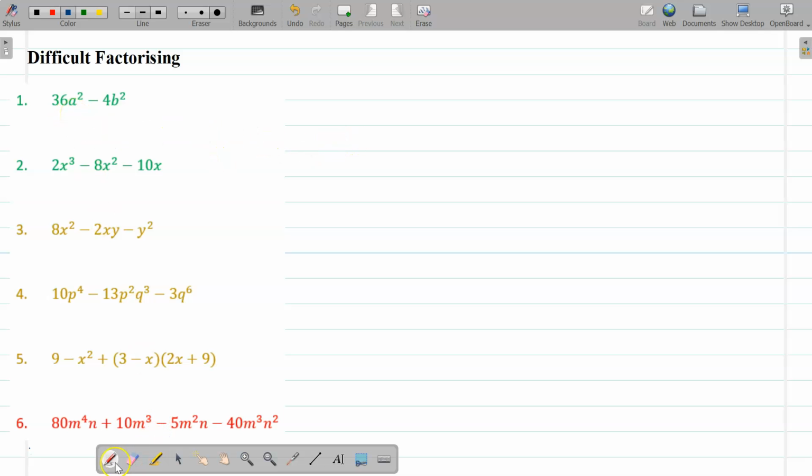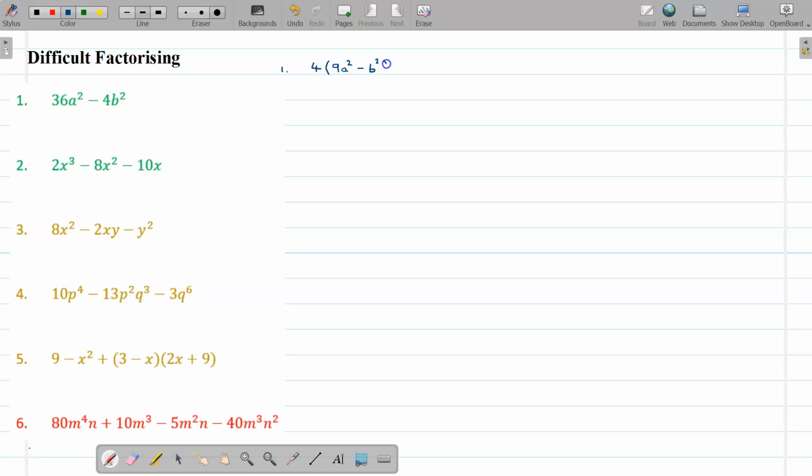Now you might recognize this as the difference of two squares. But you should also recognize first that there is a common factor of 4 in both terms. So if I was answering this question, I would begin by recognizing that factor of 4 and rewriting it as 4 lots of 9a squared minus b squared.